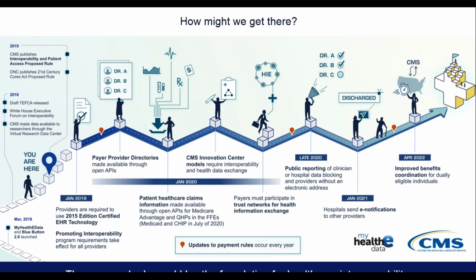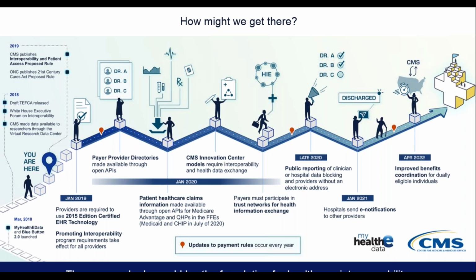The final proposal that we have for providers is really geared towards hospitals. We are proposing that as a condition of participation in Medicare, hospitals would send an electronic notification at admission, discharge, or transfer of a patient from the hospital to that patient's care providers with whom they have an established care relationship.